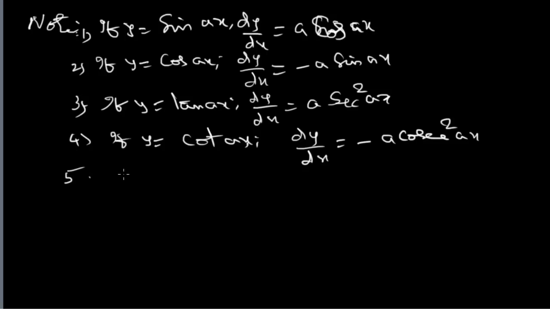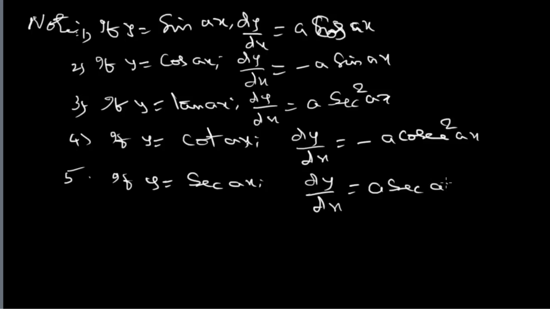Number 5. If y is equal to secant ax, dy by dx is equal to a secant ax into tan ax.